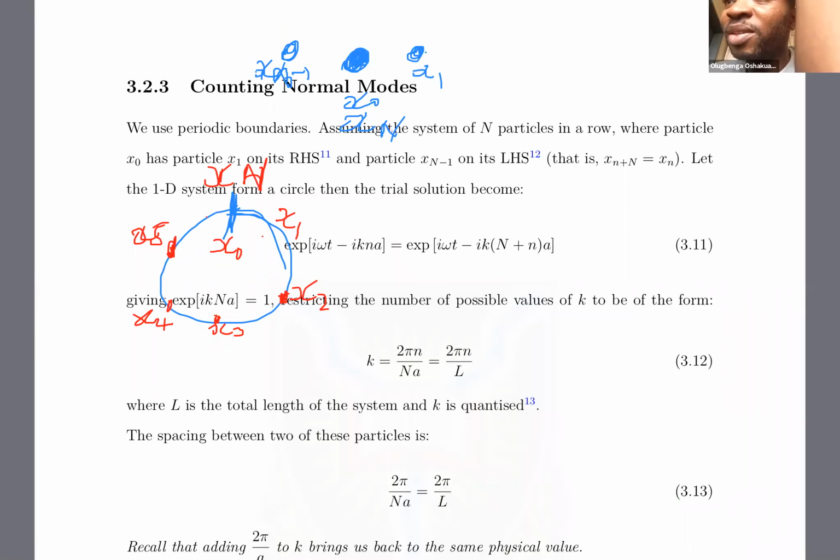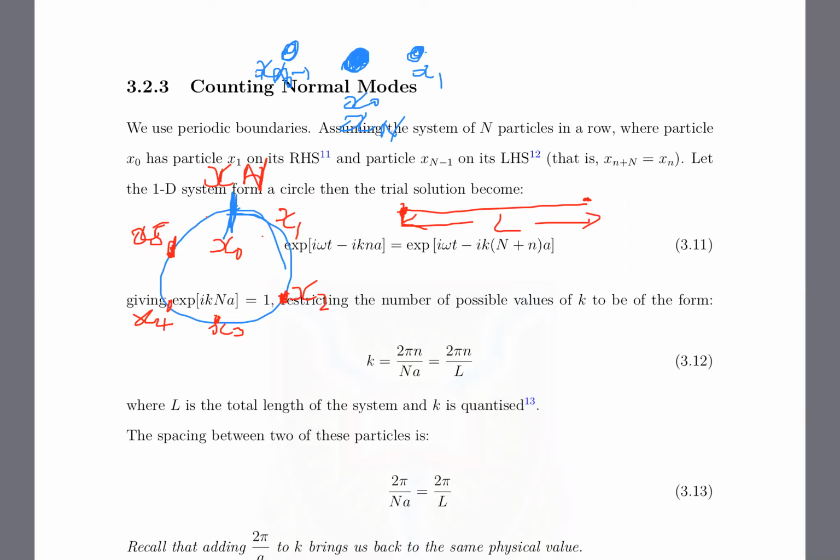The only thing I said was we have spoken about periodic boundary conditions where we talk about a particular length L. Yes, okay, we are talking about this point. At this point, I'm reading what we have here.